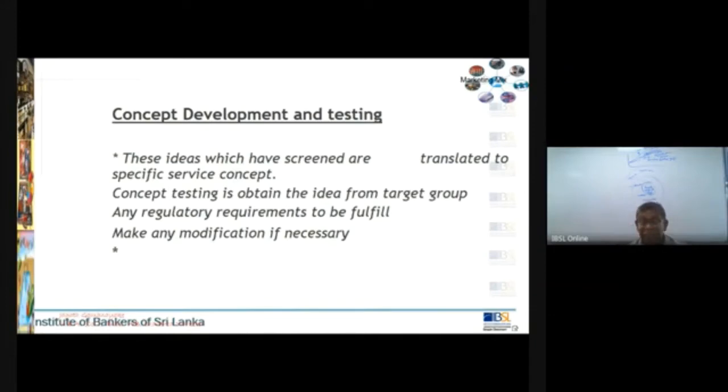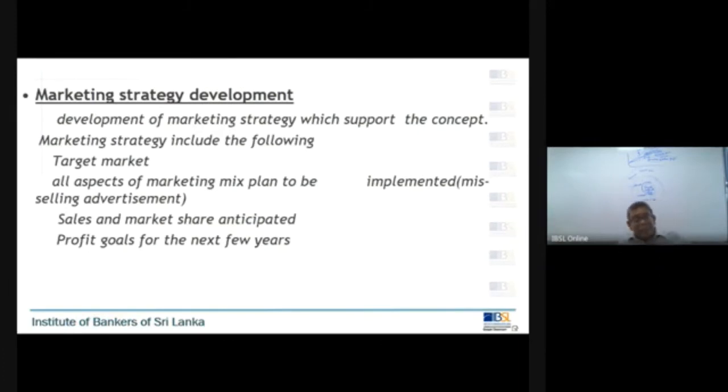So you get some idea, and through testing, that is the third step after idea generation and screening: concept testing or concept development. Right, now you have an idea, now you have to develop a strategy. How am I going to put it into the market?